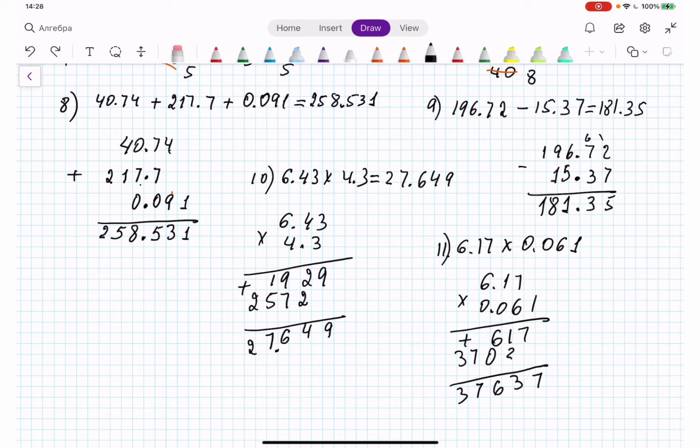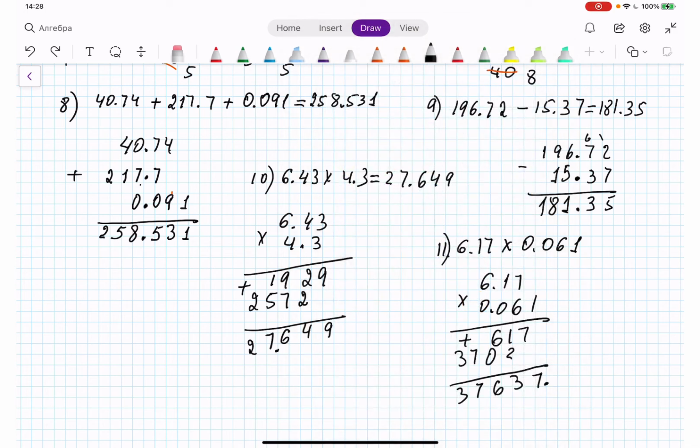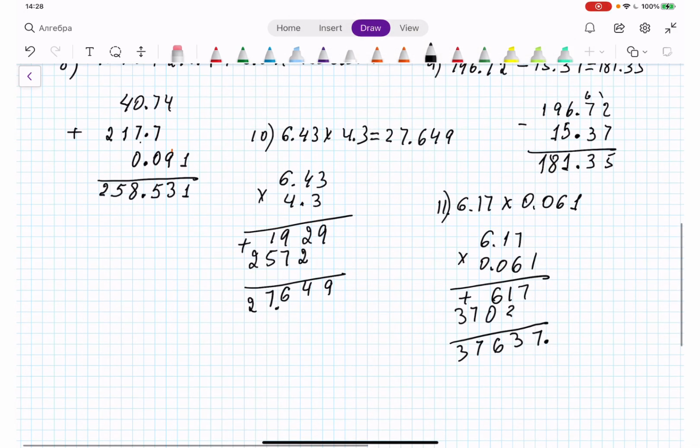Since it's a whole number, the decimal position is at the end. So now I'm going backwards 5. 1, 2, 3, 4, 5. It's coming here. Yeah, 3. I'm cleaning this also, and I put 0.